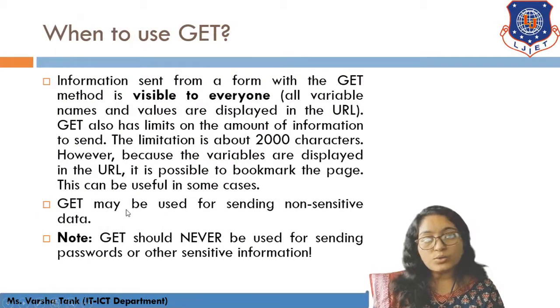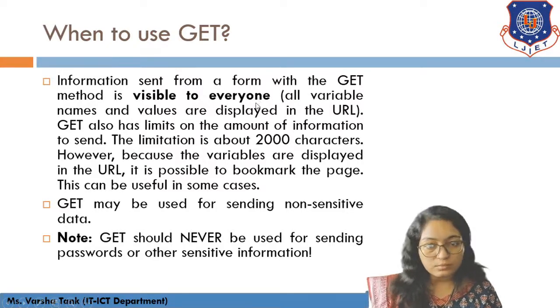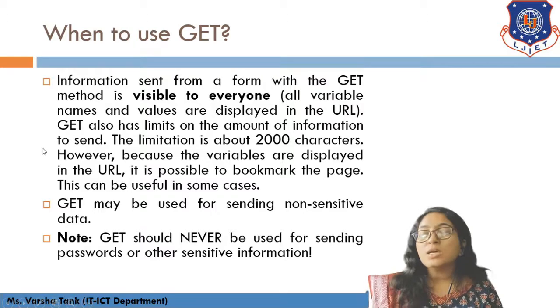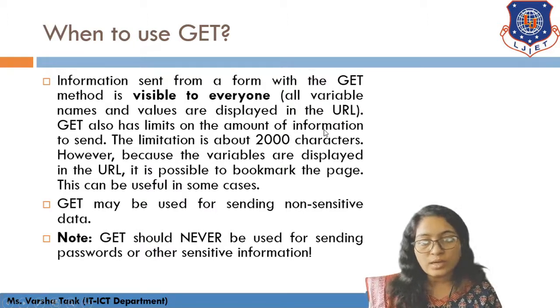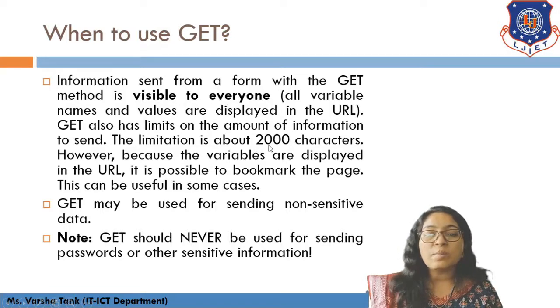Now, when to use get and when to use post. Information sent from a form with the get method is visible to everyone. All the variable names and values that you are going to pass are displayed in the URL. Get also has limits on the amount of information to send. The limitation is about 2000 characters.